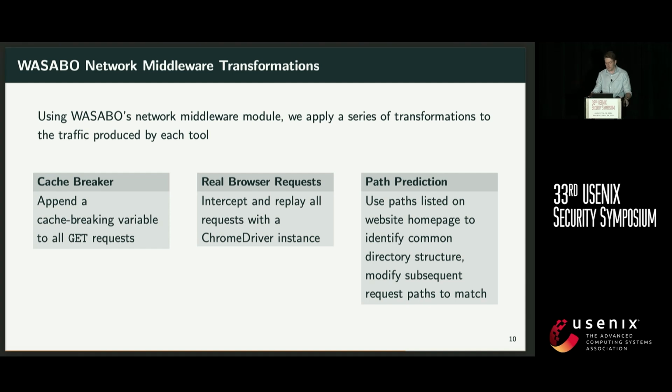So for instance, again, using WordPress as an example, if, say, the WordPress site is installed in the /wp/ directory of the web server instead of just /, all of the requests will be wrong if you're looking for things in the root. So we just grab the homepage of the site. We look to see, is there a large percentage of the resources that have the same parent directory? And we just redirect our requests to that parent directory.